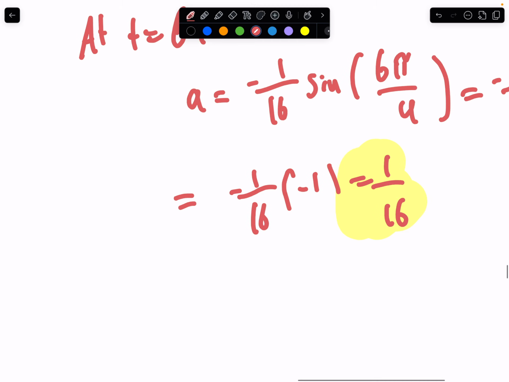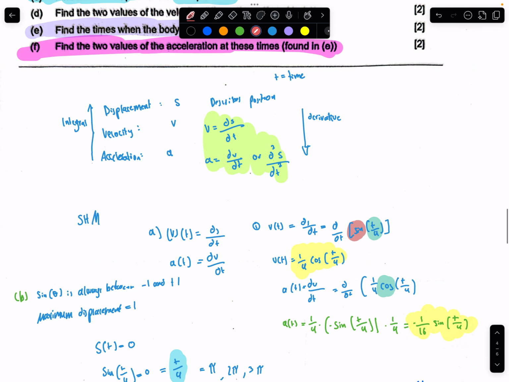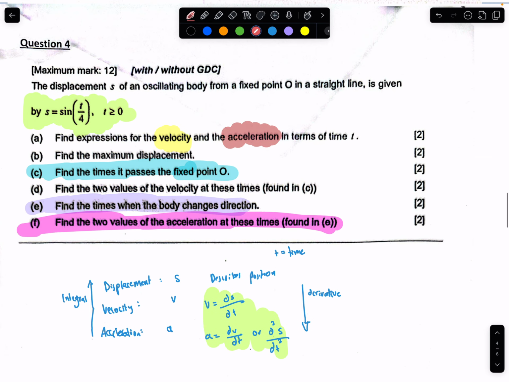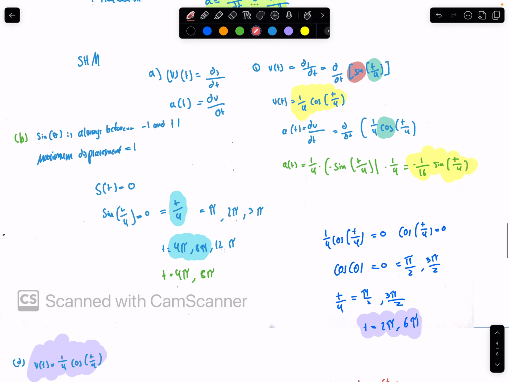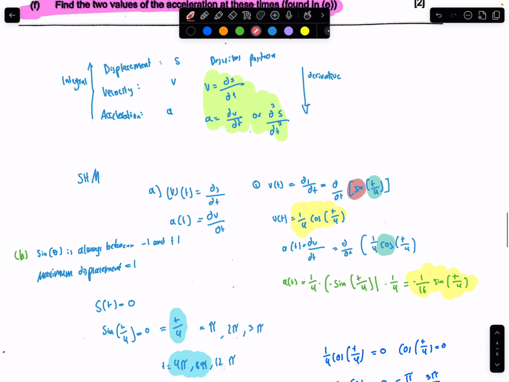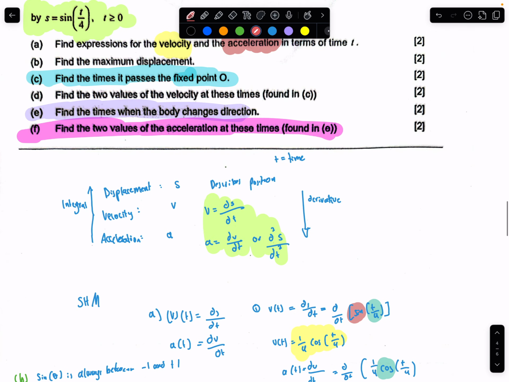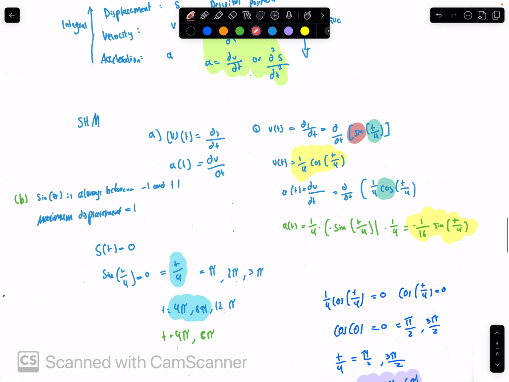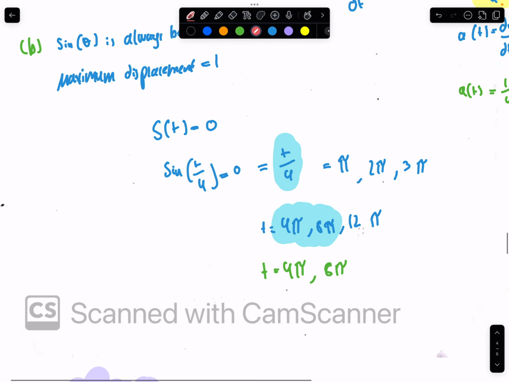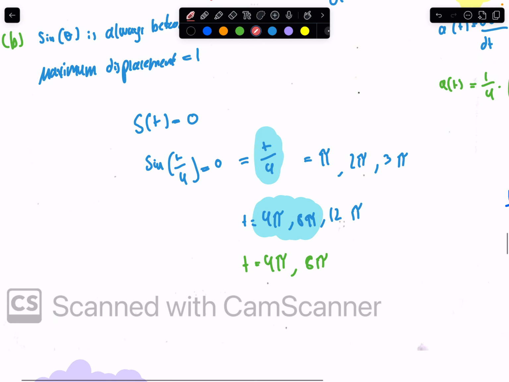So a final recap of everything we've done. In question B, the maximum displacement is 1. At question C, we found the two values, 4 pi and 8 pi.